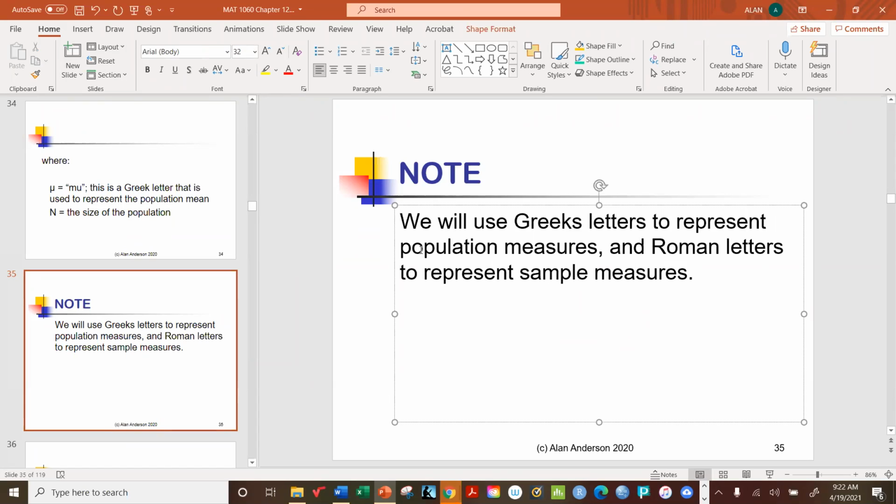So that's why we're using a Greek letter to represent the population mean, whereas of course the sample mean x bar, x is a Roman letter. So that's the strategy that we'll be using. This is standard notation in statistics. Greek letters are meant for populations, and Roman letters are meant for samples.